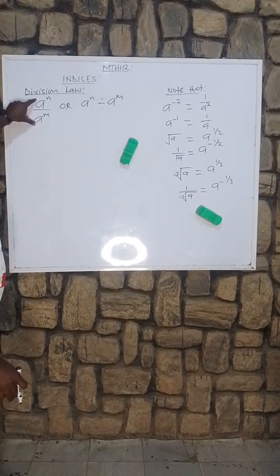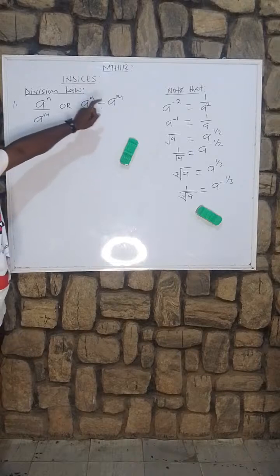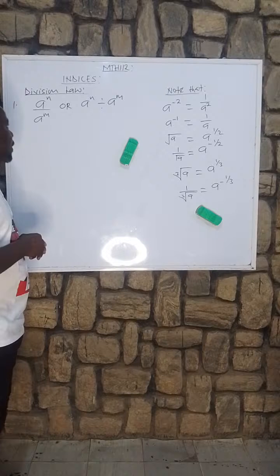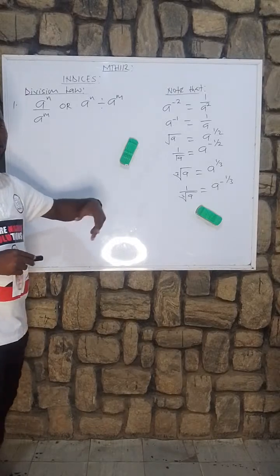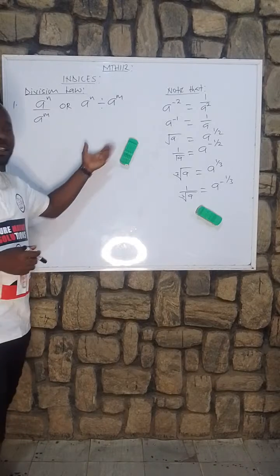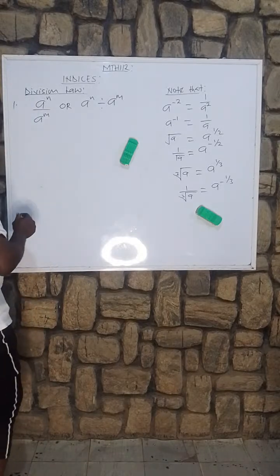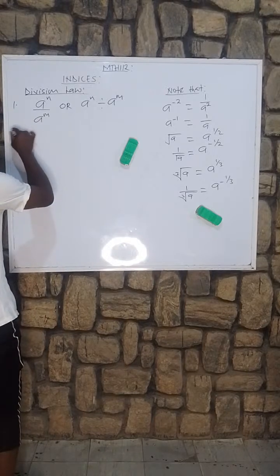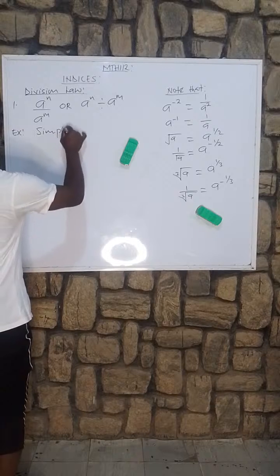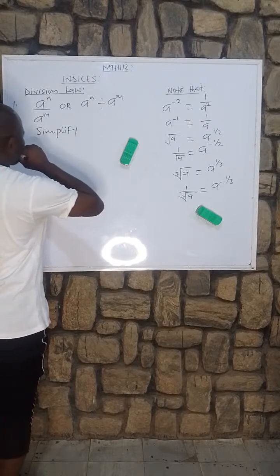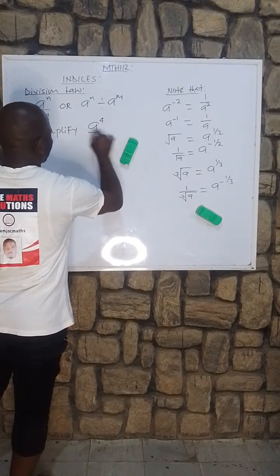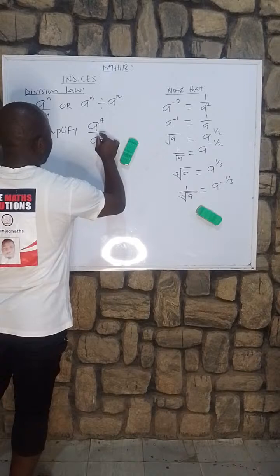Whenever you come across something of this form, note that you are going to apply division law to simplify the expression. So let us fix idea with 1 or 2 examples. Example, simplify A raised to the power of 4 all over A raised to the power of 5.